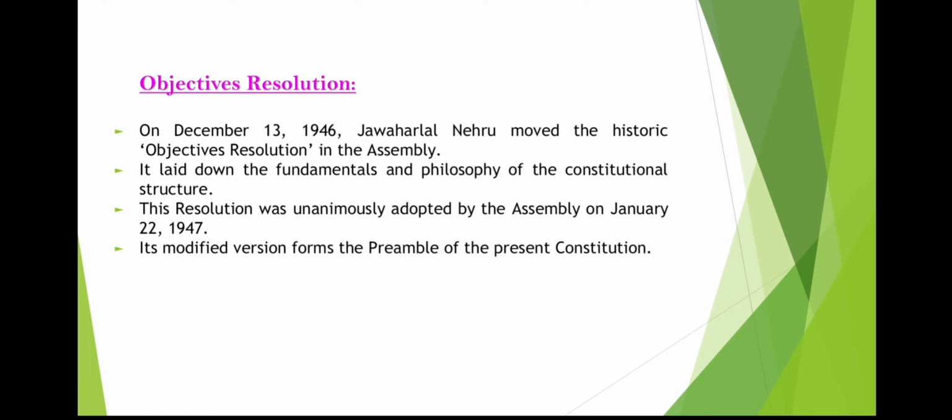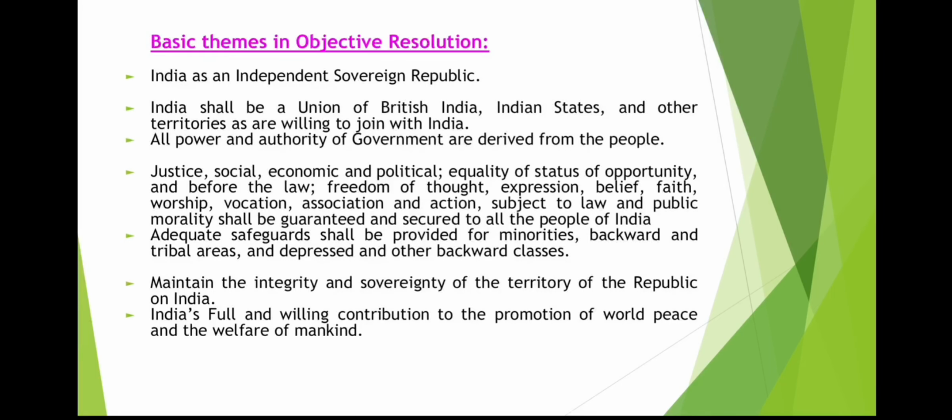Okay. And in this Objective Resolution, there are some basic features and basic themes. What are they? India should be an independent, sovereign, and republic state, and independent India shall be the union of British India, Indian states, and other territories who are willing to join with India.